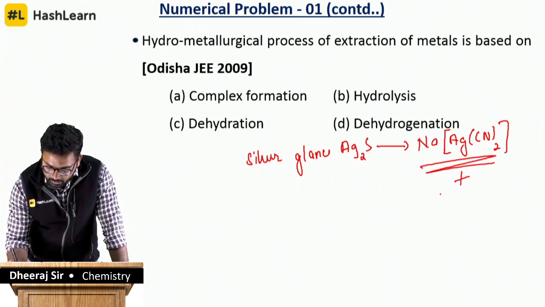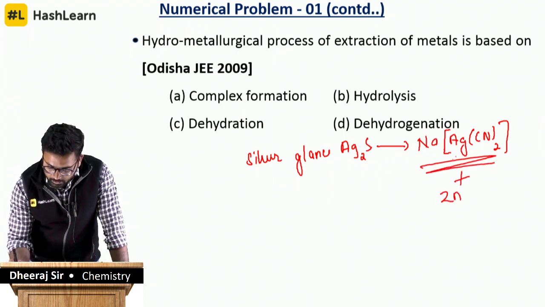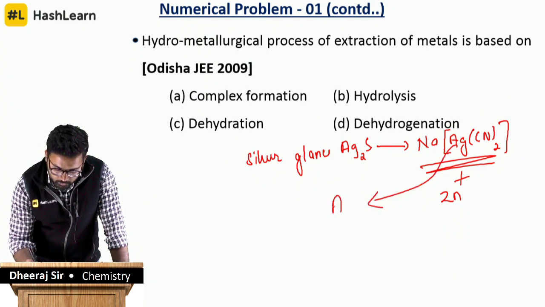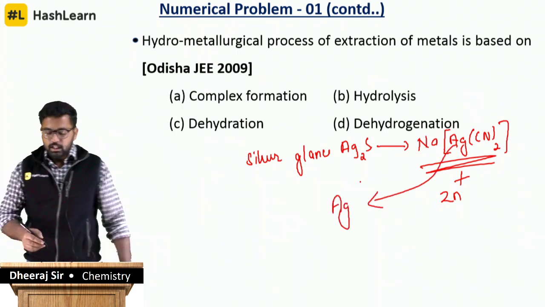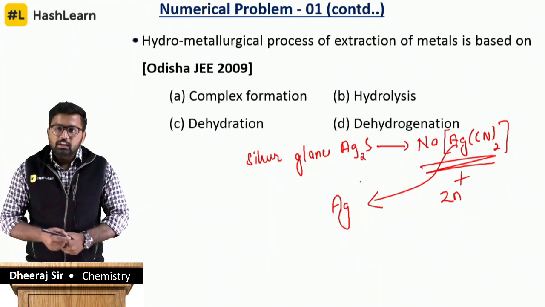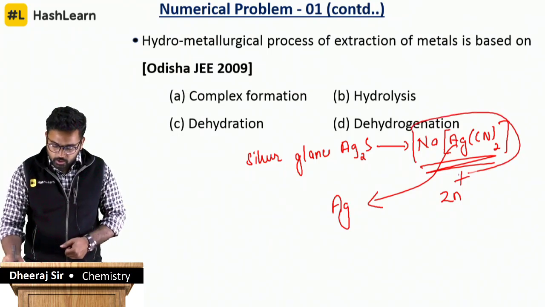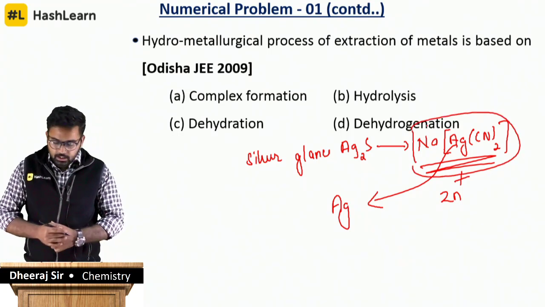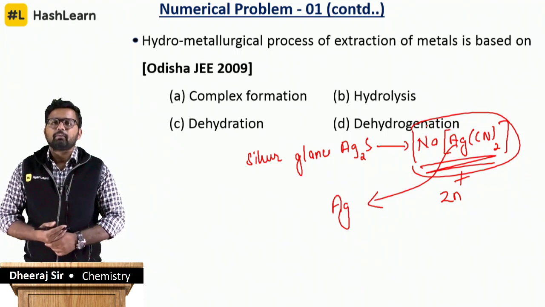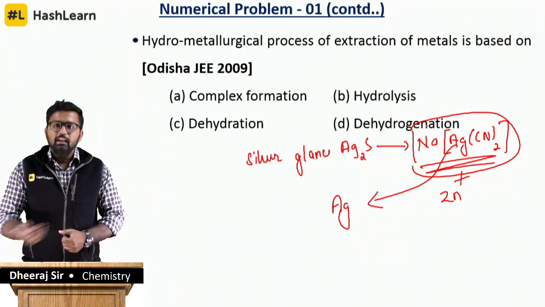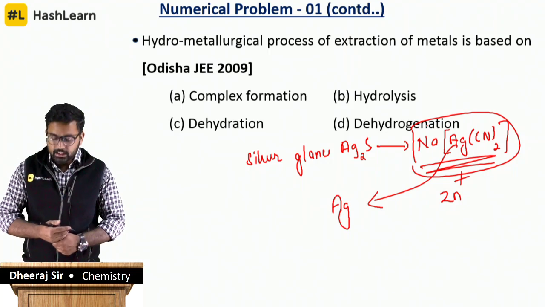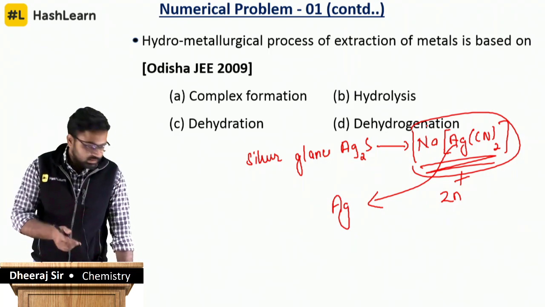When this is made to react with zinc, silver gets thrown out. So silver, which is in the form of silver sulfide, is dissolving. How is it dissolving? By forming a coordination complex, and when I add a more reactive metal compared to silver, the metal of our interest, that is the silver, gets thrown out. Therefore this is how it happens.